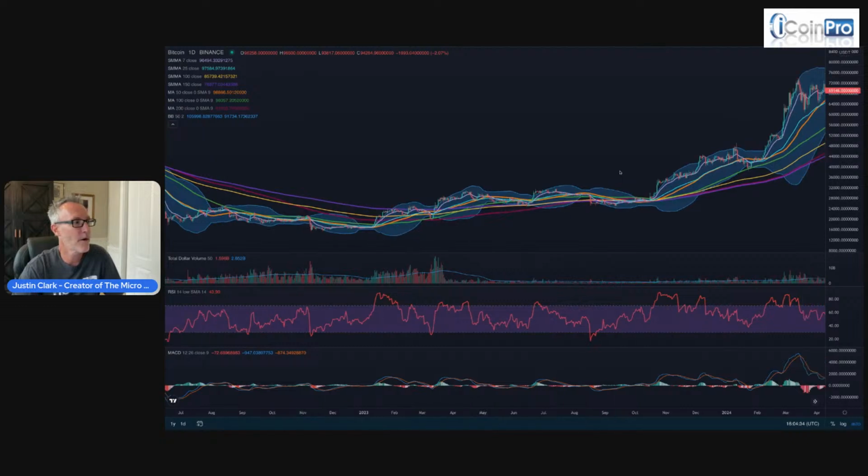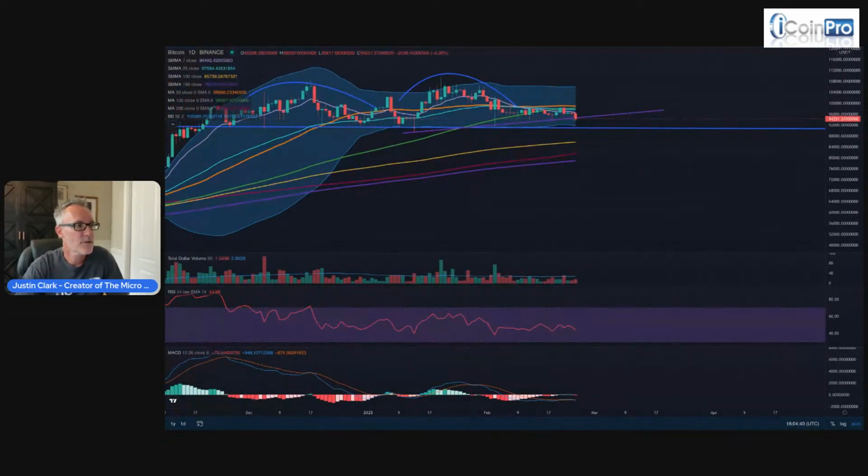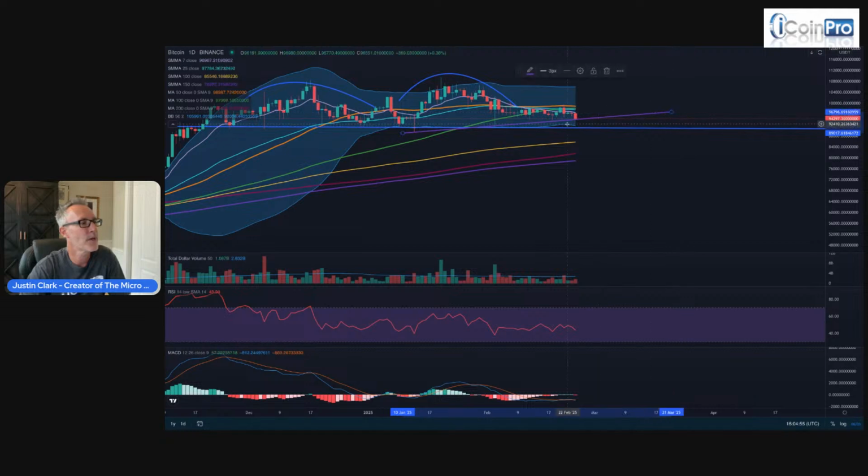So right now, where are we and what are the key levels? Well, we are trying to get over these moving averages here. There's four of them, and we haven't succeeded yet. We've got a trend line here, which it looks like we're retesting this morning. That's what this purple line is.